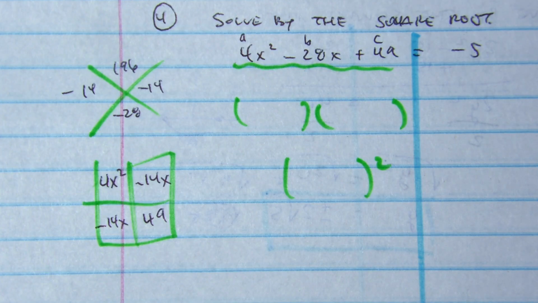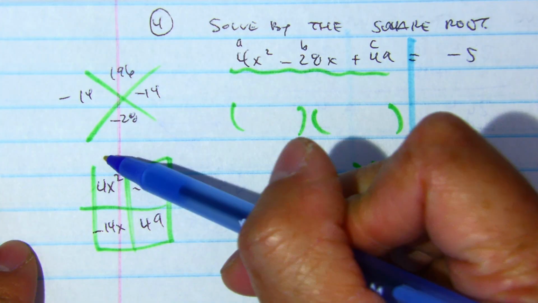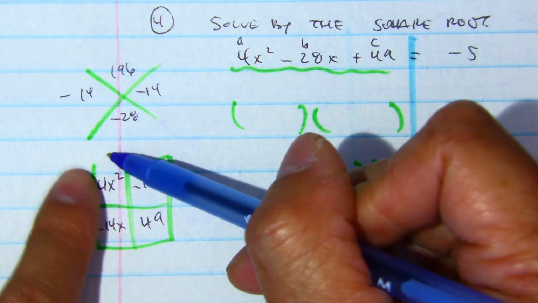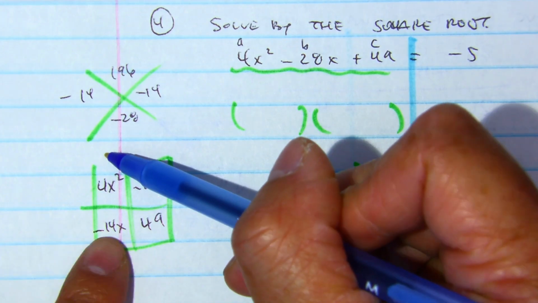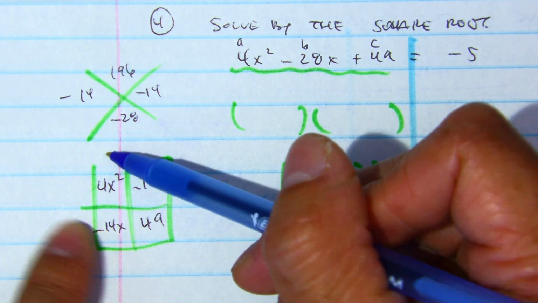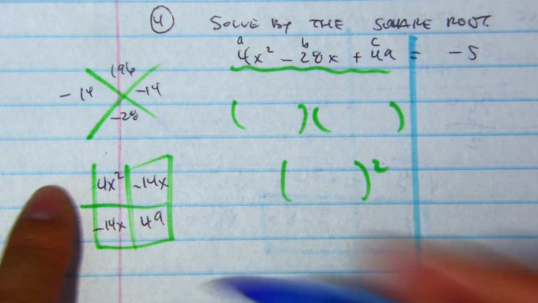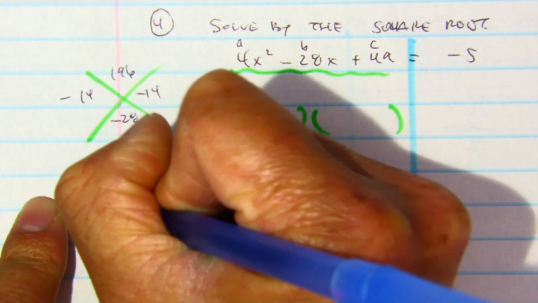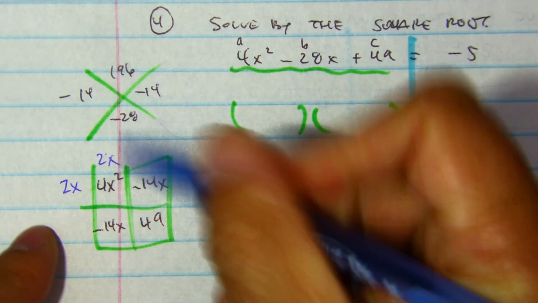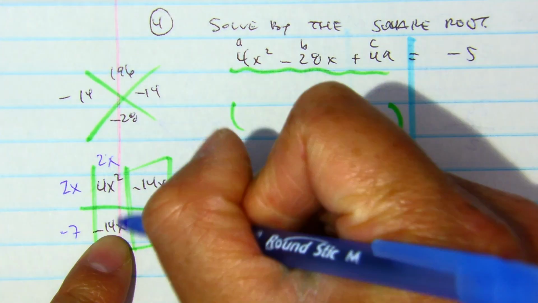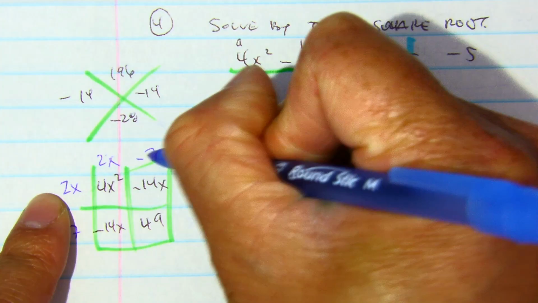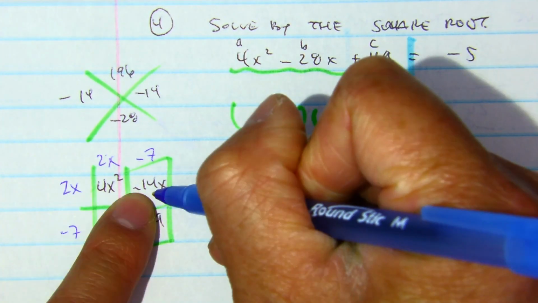So let's multiply. 2x times 2x is 4x squared, and 2x times negative 7 is negative 14x.